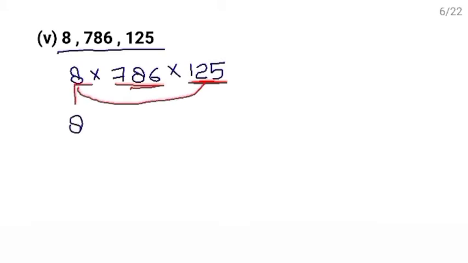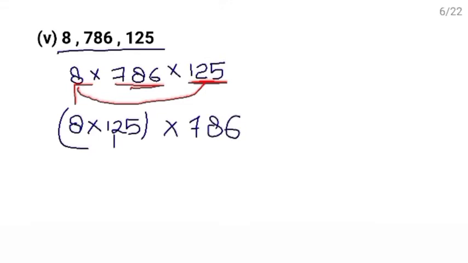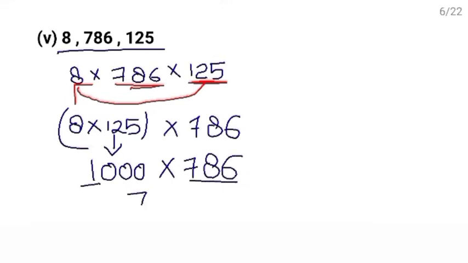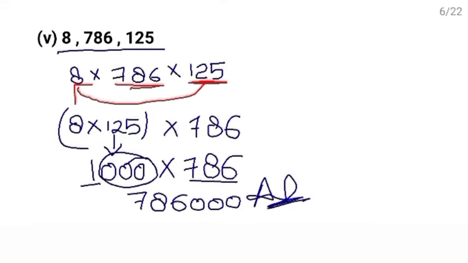So group them. 8 multiply 125 in the bracket multiply 786. When you multiply them, you will get 1000. Multiply 786. Now 786 ones are 786 and there were 3 zeros. So put 3 zeros. This is your answer.